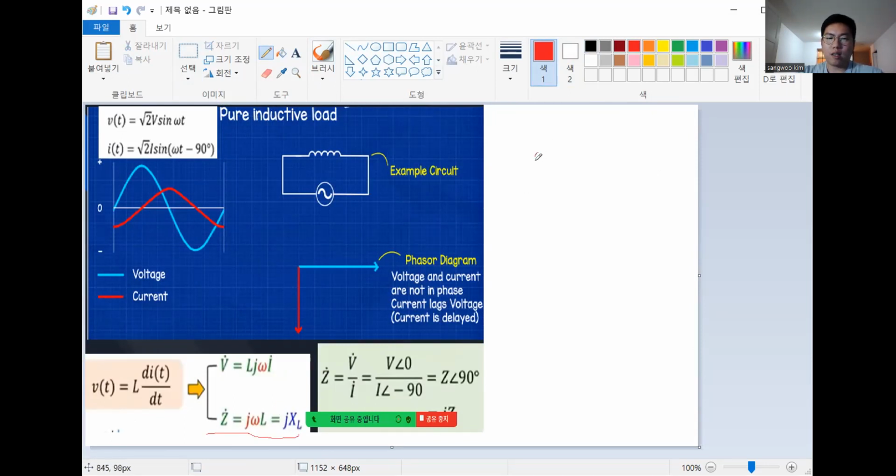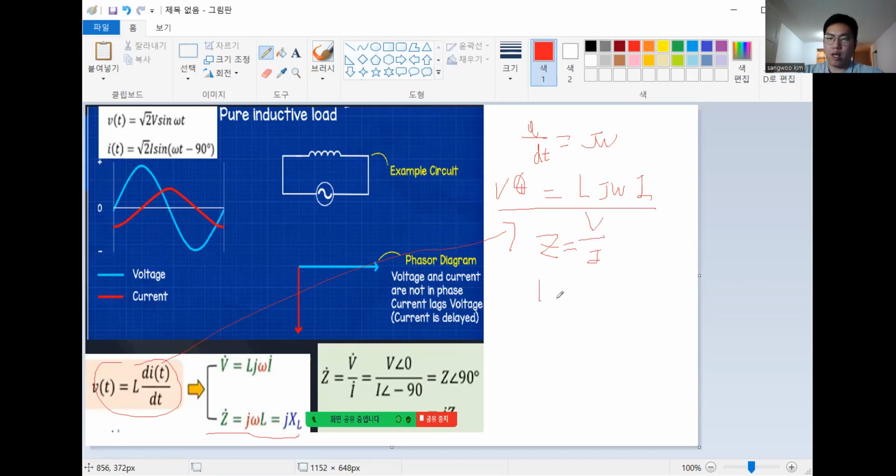So as I said, d/dt gotta be j omega, right? So if we differentiate here, V equals L j omega I, and this part is here to differentiate when you do it. So Z is V over I, right?